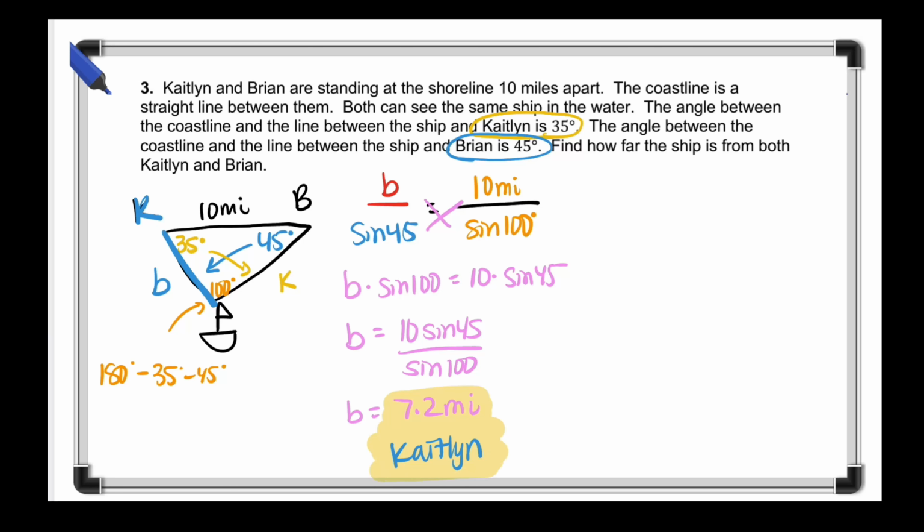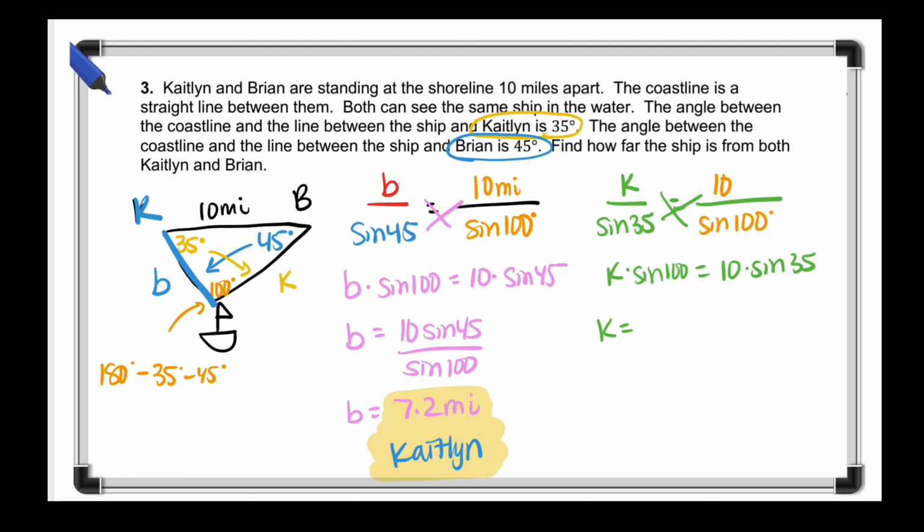Now we can go ahead and find side K here. Side K is opposite of the angle 35. So that's the sine of 35, and that is equal to, again, something that we already know, which is side of 10 over sine of angle 100. Okay, so again, you can cross multiply. So it's K times the sine of 100 degrees equals 10 times the sine of 35 degrees.